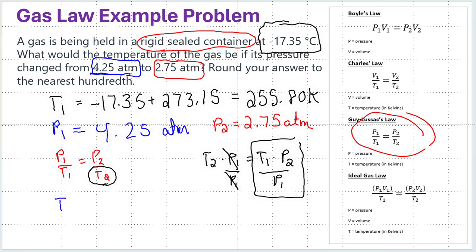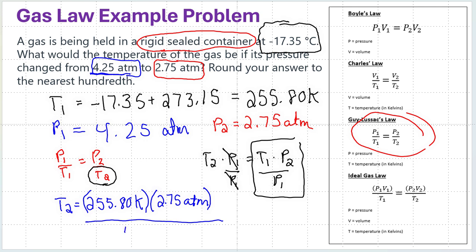So we have T2 equals our temperature 1 in Kelvin, which is 255.80 unit Kelvin. Multiply that by our P2, which is 2.75 atm. And divide by our P1, which is 4.25 atm.